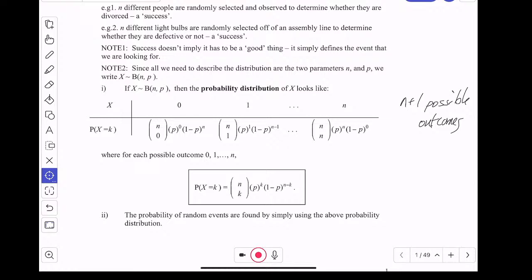Now, where does this come from? This is the question. I'm going to show you how I derive that formula.